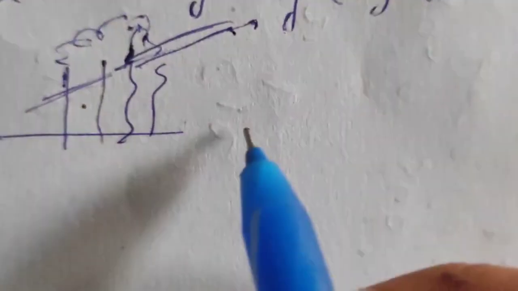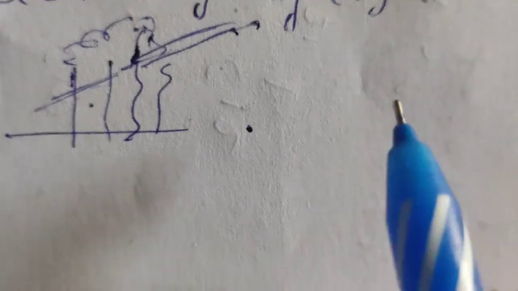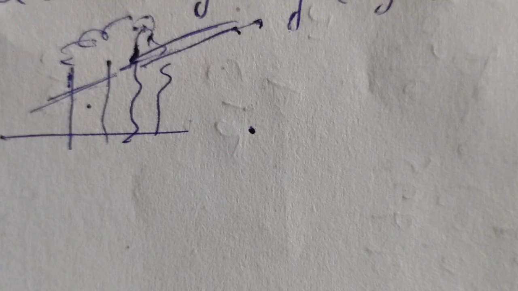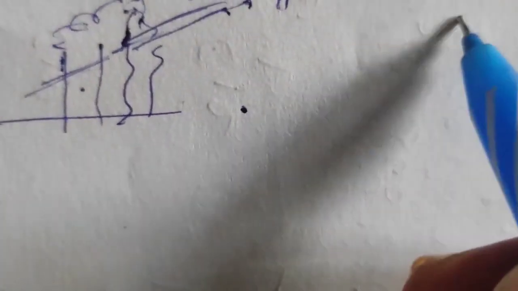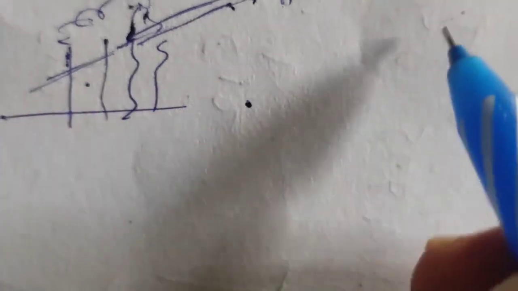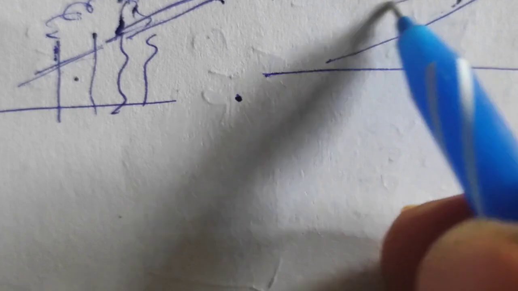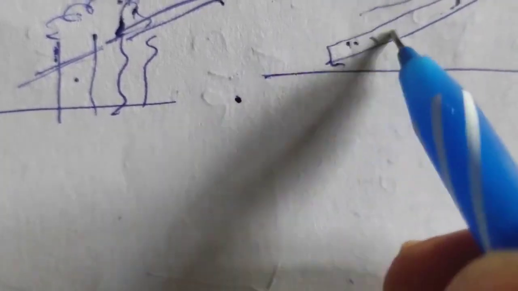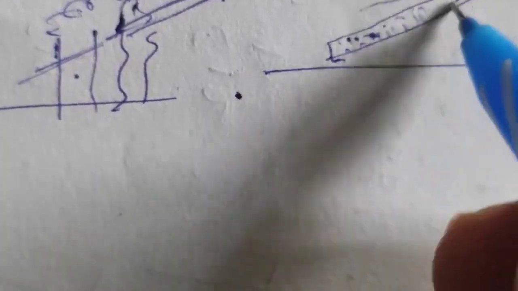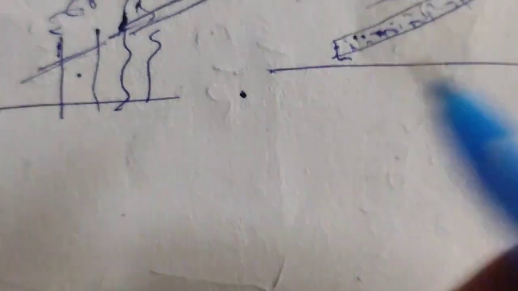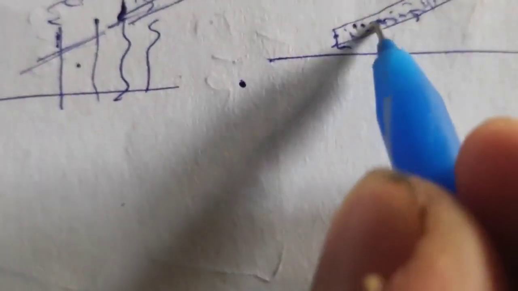Even in the morning, maybe in the rainy season or any season, when the light from the sun comes through a window, we see that the light is clearly visible and small dust particles are floating in the air. This type of effect is called the Tyndall effect.